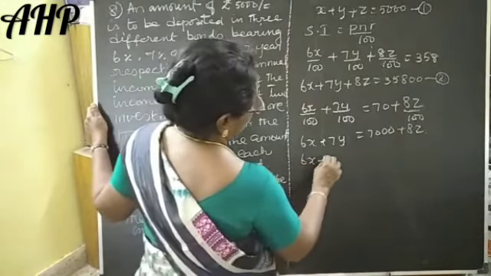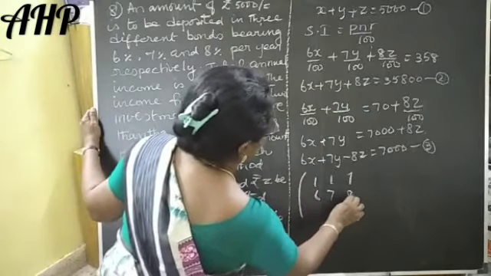Writing these three equations in matrix form, we will get the first equation is 1, 1, 1. Second equation is 6, 7, 8.